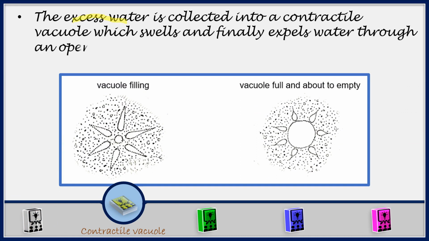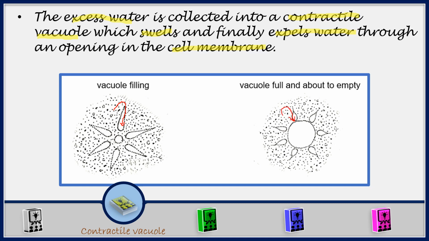The excess water is collected into a contractile vacuole, which swells and finally expels water through an opening in the cell membrane. So this water will enter the contractile vacuole through the radiating channels.